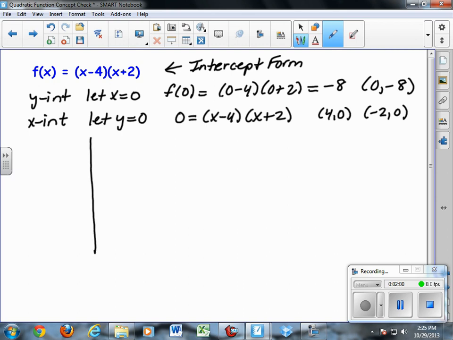I have the point (4, 0), (negative 2, 0), and, counting 1, 2, 3, 4, 5, 6, 7, 8, (0, negative 8). Now if you look at this, you might wonder what's happening to the graph. It's going to go down.